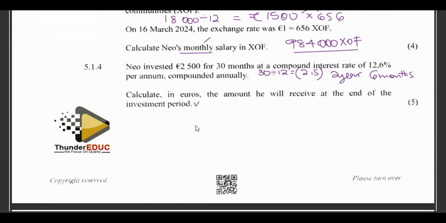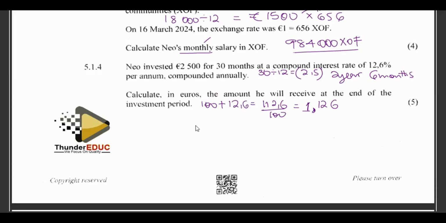But the first thing you do, get 100%, add 12.6, you have 112.6, divide this by 100. So we have this much. In the 2 years, how much will it be?